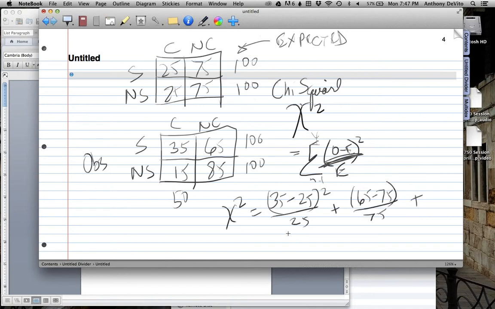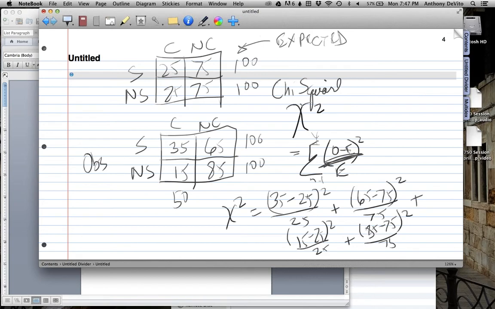Plus, that's squared also. They're all squared. Plus 15 minus 25 squared over the expected value of 25, plus 85 minus 75 over the expected value of 75, right? And that's squared also.